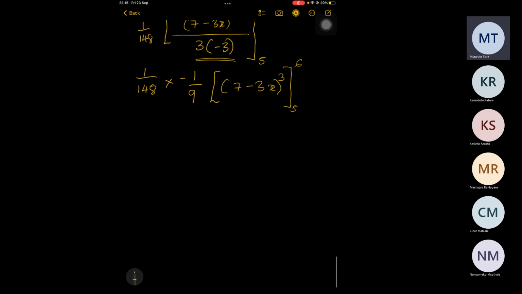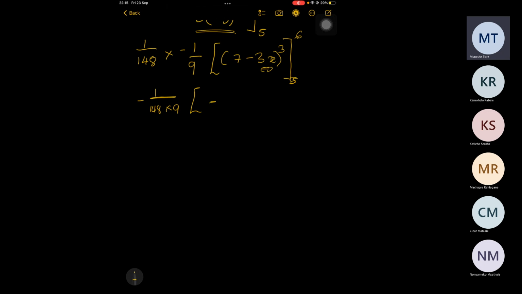So if you do this now, it's going to be negative 1 over 148 times 9. This is the denominator. Then when you factor in these values, you factor in the value of 6 here. I remember when I factored in the value of 6, the answer that I got was negative 1,331. Then minus, when you factor in the value of 5, I got negative 512.